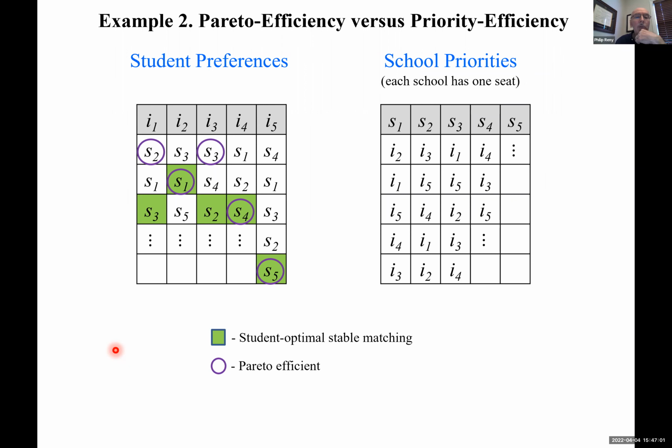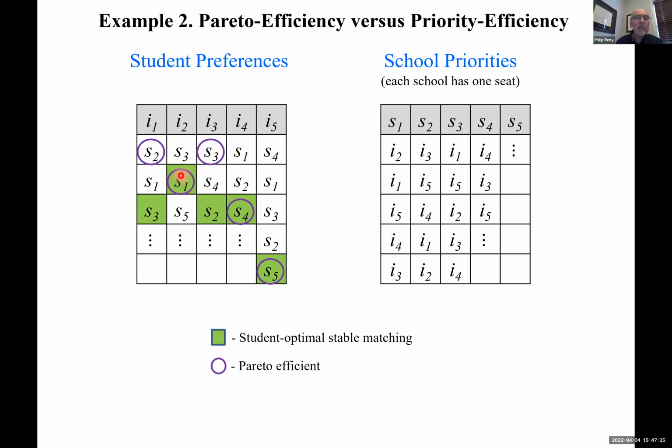I want to show you, though, that this Pareto efficient matching is not priority neutral. So not all Pareto efficient matchings are priority neutral. So let's see why. Notice that student 2 here would prefer to be at school 3. She's at school 1 in the circled purple matching.